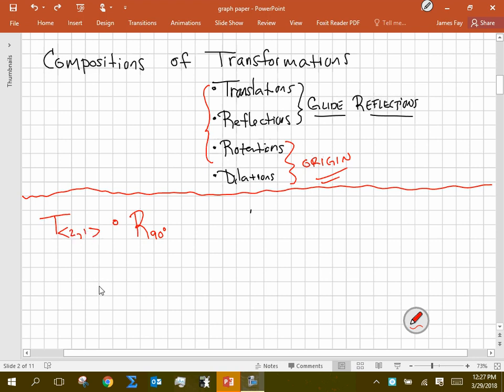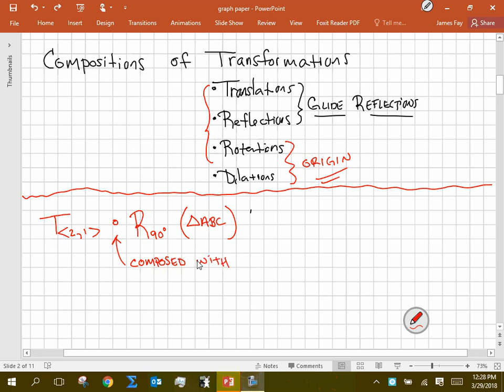So you might see something like that, and they're going to say that you want to do those transformations to some pre-image. Let's say my pre-image is triangle ABC. Now this open dot means the phrase composed with.